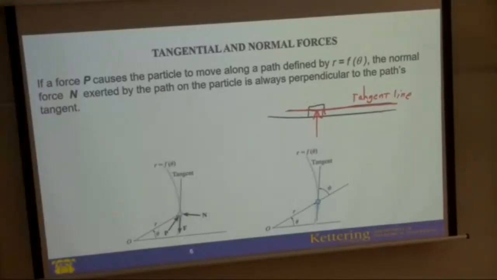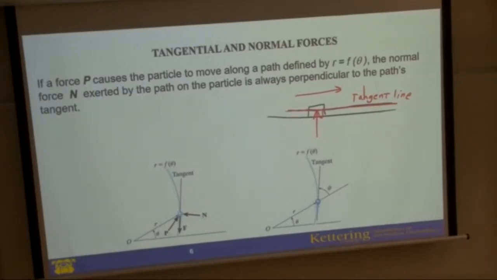Also, if this one is moving from left to right and I ask you to draw the frictional force, how do you draw it? Yes, it's perpendicular to the normal force, or it's along the tangent line in the opposite direction of the motion.